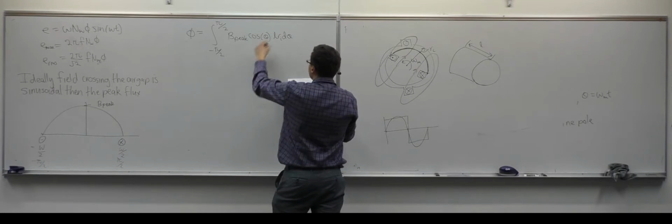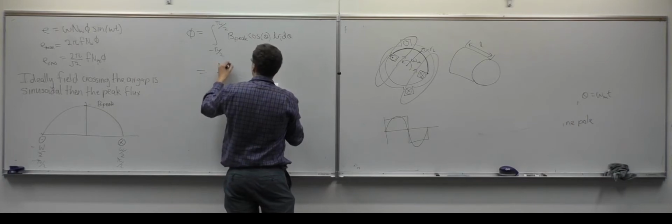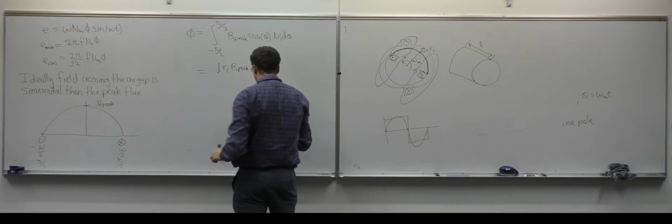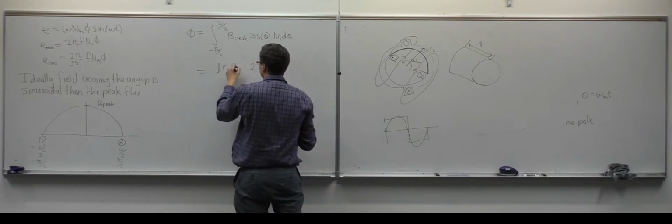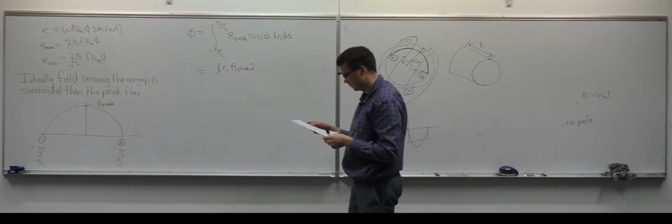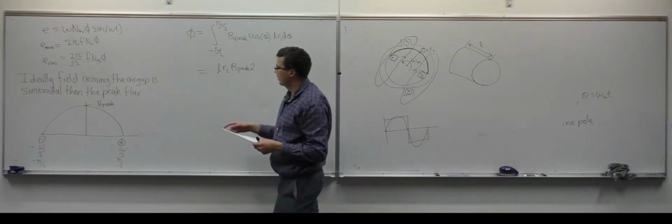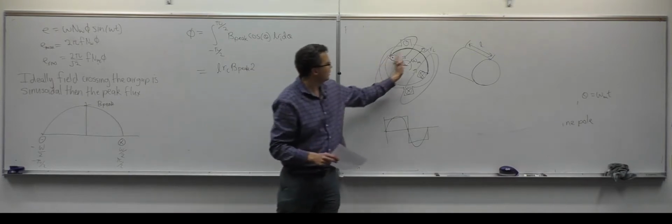We'd integrate that, and we end up with L R B peak times 2. Okay? So that's the ideal situation, the field coming across as a sine.